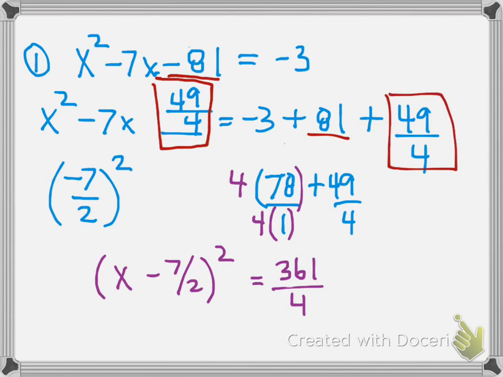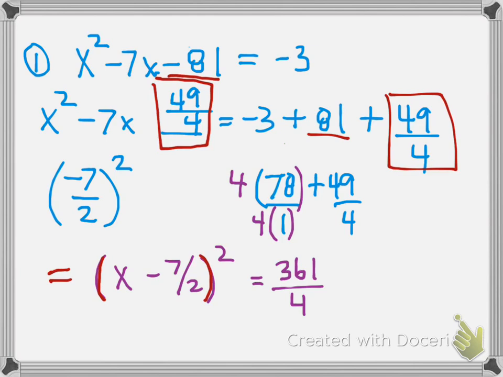Alright, so you should be recognizing this pattern: when you take half of b, this is what you get for your factor here. When you factor out the perfect square, it's always whatever that half of b is, x minus 7 squared. So on this other side, I'm going to add 81, subtract 3, and get 78. And then I'm going to add 78 to 49 over 4.